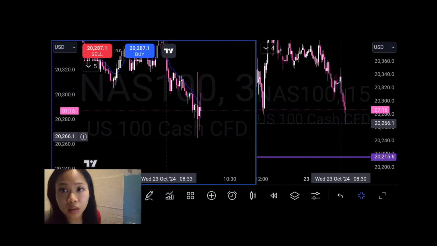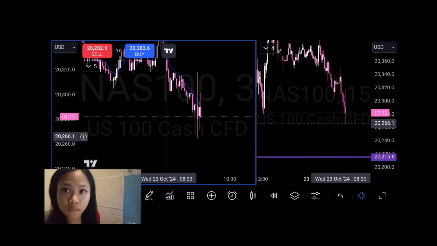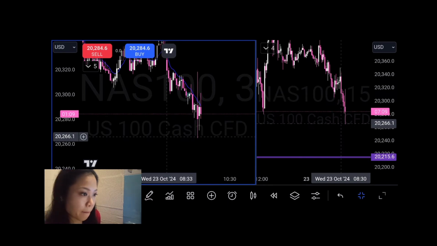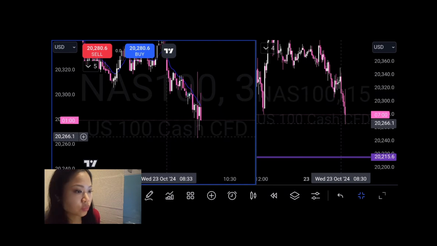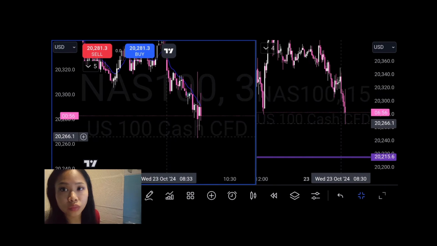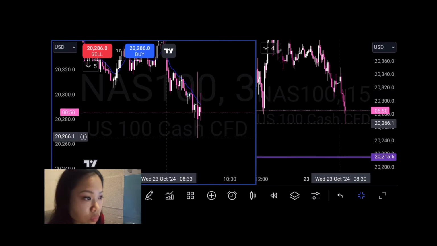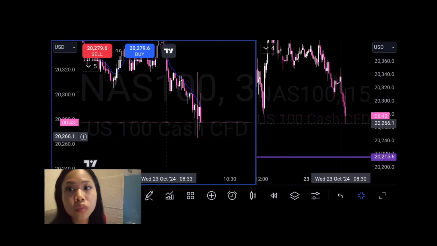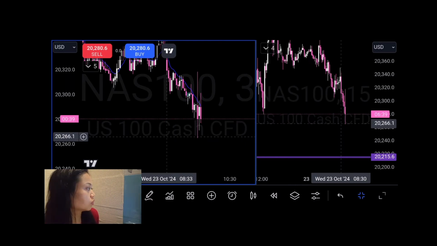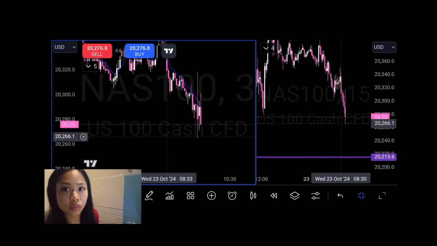It is respecting the EMA. Looking bearish past this low.